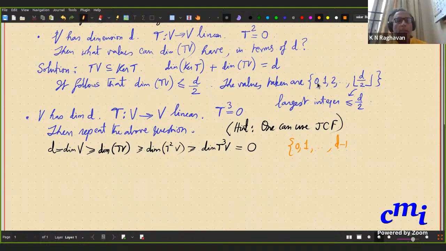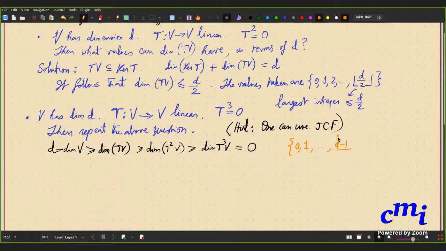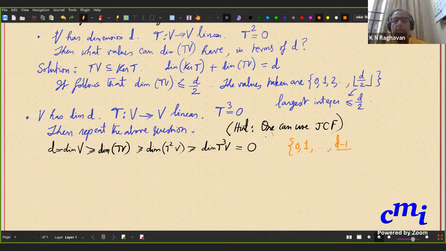Do you agree? Does it make sense? Okay. So can you construct? Let's take T to be 4, I mean D to be 4, right?